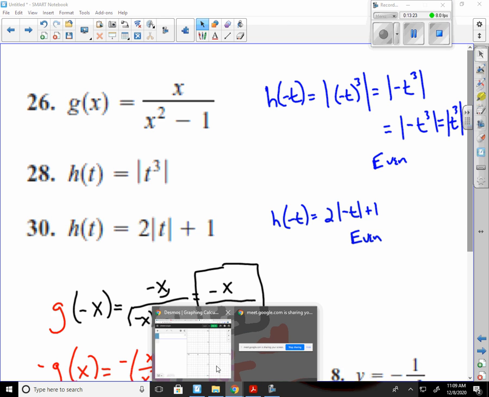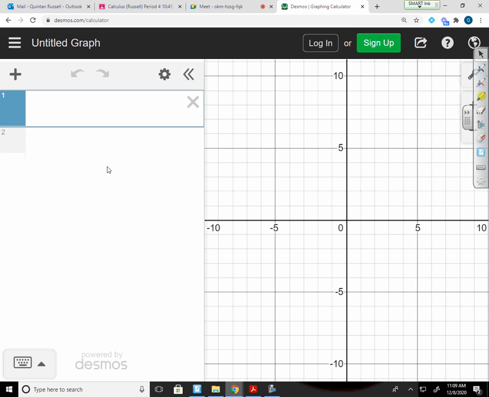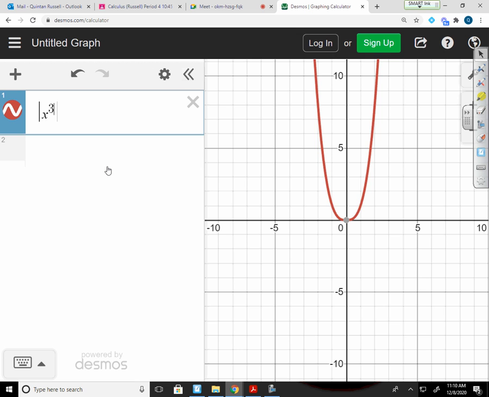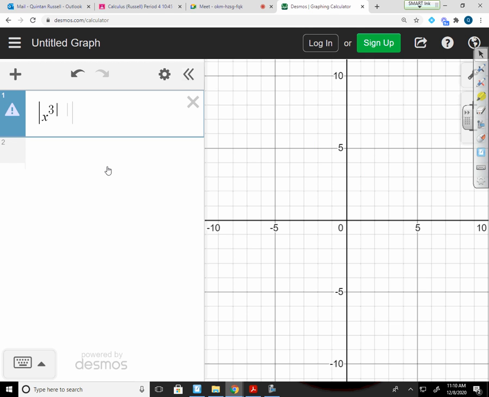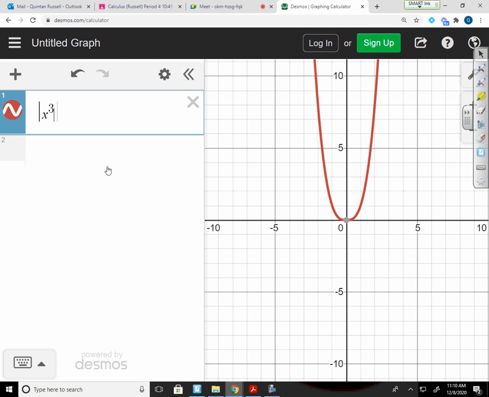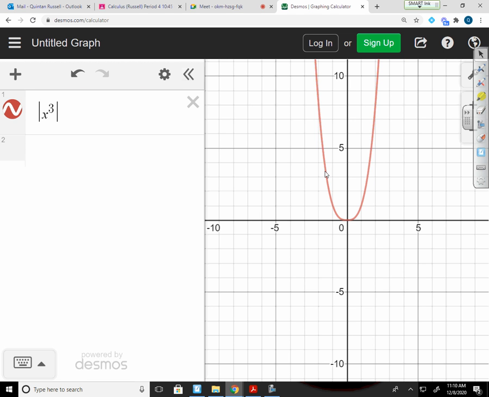If I look at that from a graphical perspective, you see how on the left side it mirrors exactly what it looks like on the right? All even functions are going to look like that.